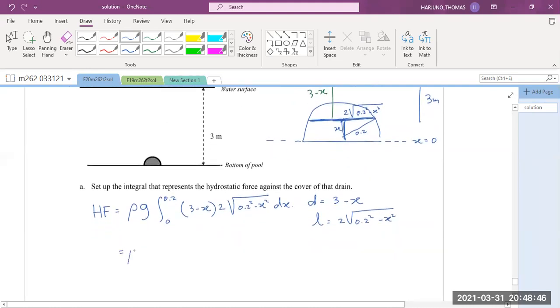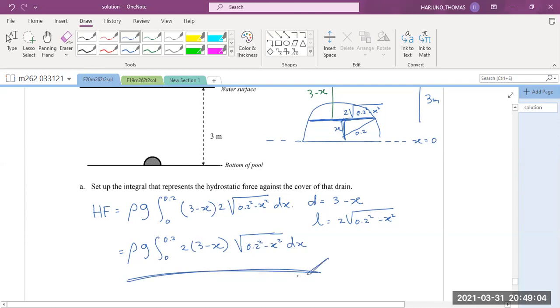Oh, I'm done with the setup. Maybe I clean up a little bit. 0.2, 2 times 3 minus x square root of 0.2 squared minus x squared dx. That's the setup.